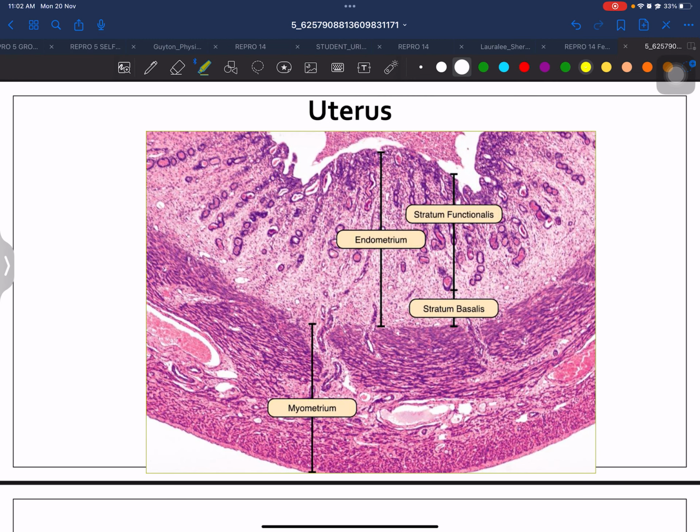These are the endometrium, there are the tiga layers: stratum compactum, stratum spongiosum, stratum basalis. So stratum basalis here, and these are stratum functionalis, which consists of the other two lah, compactum and spongiosum.